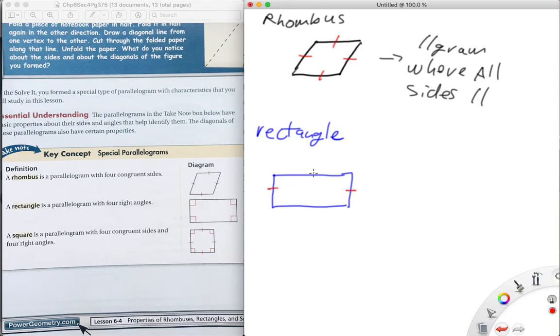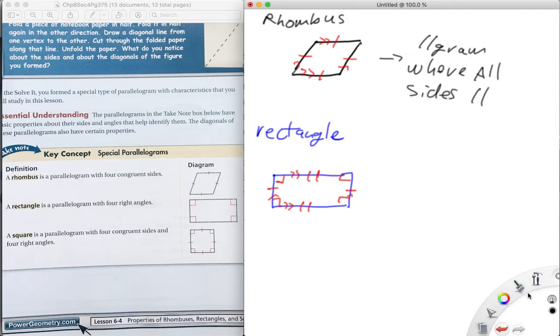So this is congruent to that, that's congruent to that. But what makes a rectangle different from a rhombus is that we have 90-degree angles. A rectangle has 90-degree angles. And again, remember, this guy is parallel to that guy, this guy is parallel to that guy, and that all applies here too.